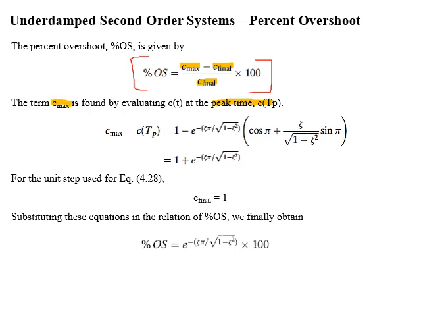Using the time domain relation of C of t and substituting time with peak time, we get the relation for C max. And we know that for step input, the final value of the response equals 1. Substituting these values in the percent overshoot relation, we get our desired equation.